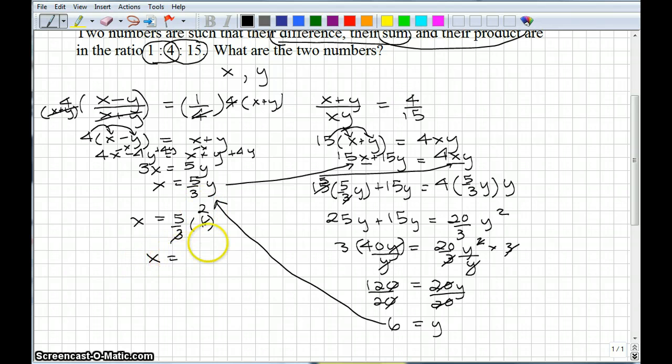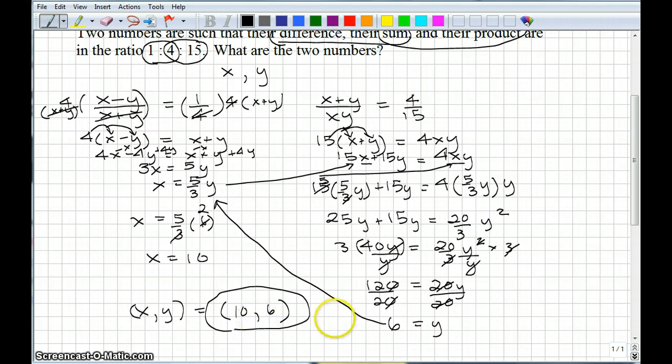So x is equal to 10. So our numbers x, y, if we want to list it as an ordered pair, we can say 10, 6. Or basically just asking for two different numbers, so our two numbers are 10 and 6.